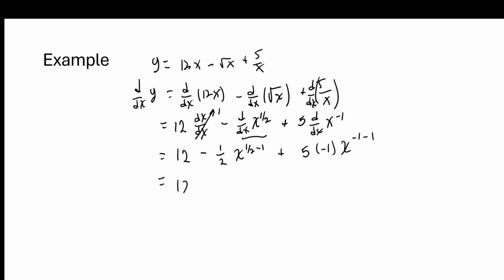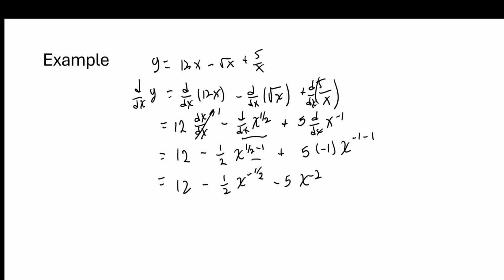So we get 12, minus 1/2, and looking at the exponent, 1/2 minus 1, that's x to the minus 1/2. And then we're going to do a minus 5 here, and then we've got x to the minus 2.